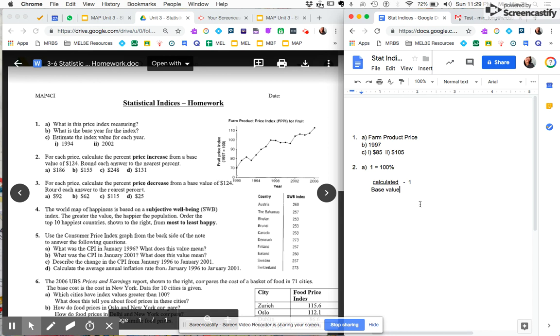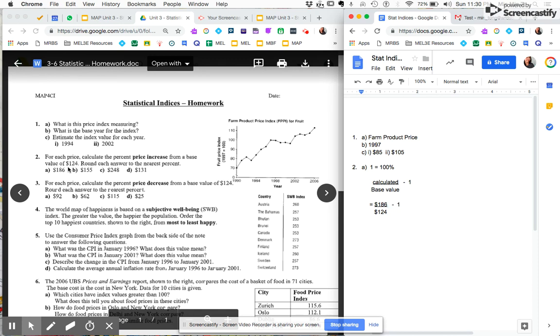Okay. So for number 2, I'm going to do 186, right? And I'm going to write that as a fraction. And I'm going to divide it by the base value, which I can see in the question is 124. And then I need to remember to subtract 1 at the end.